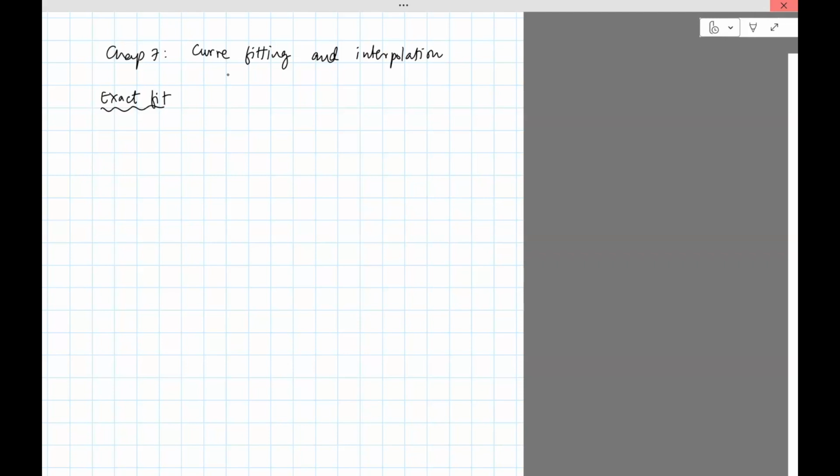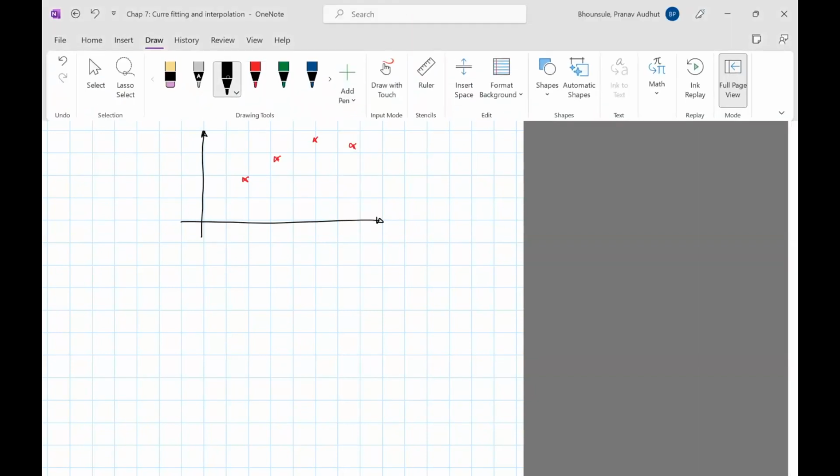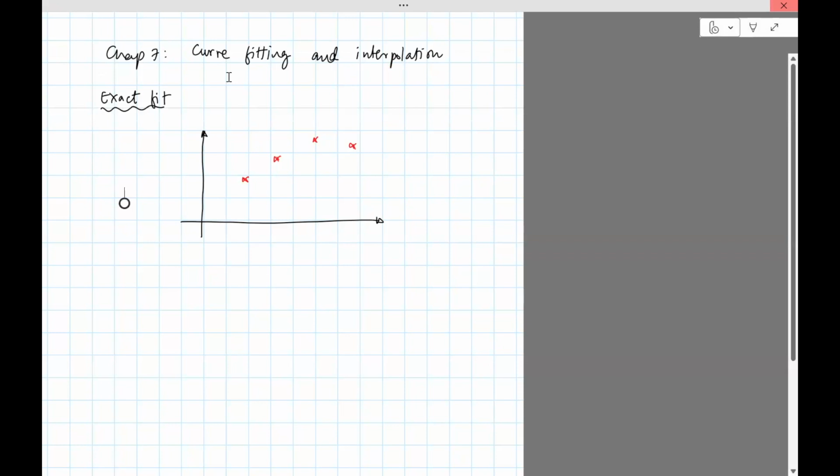Okay, so exact fit is what we did when we talked about differentiation. Here we might be given some points, say 1, 2, 3, 4. So what we did was we assumed a polynomial which would ensure that that curve, that polynomial, will pass through these points.